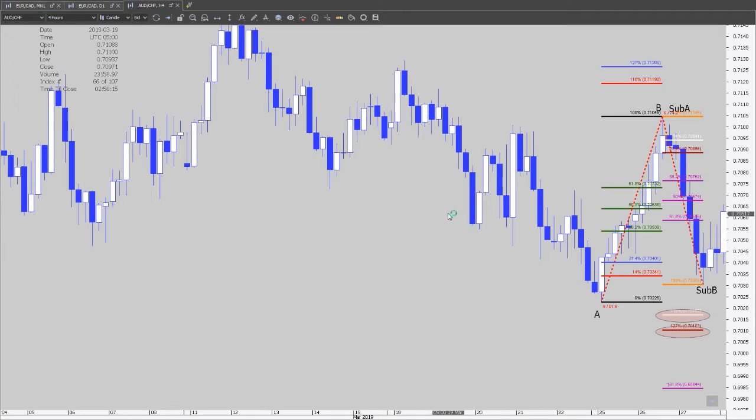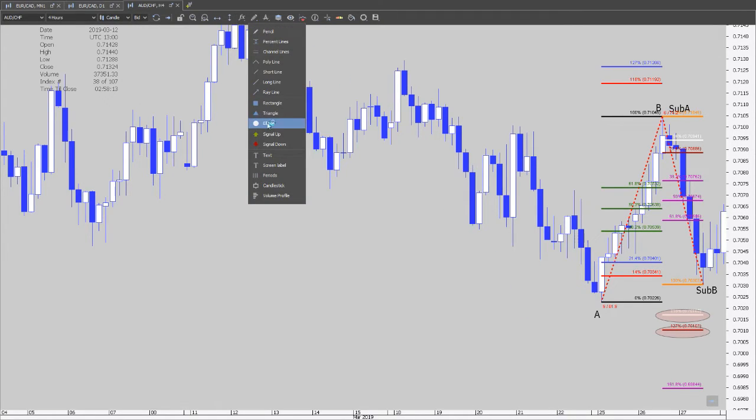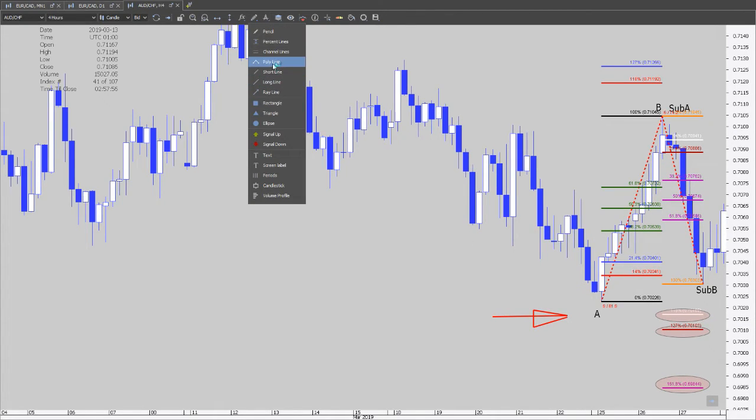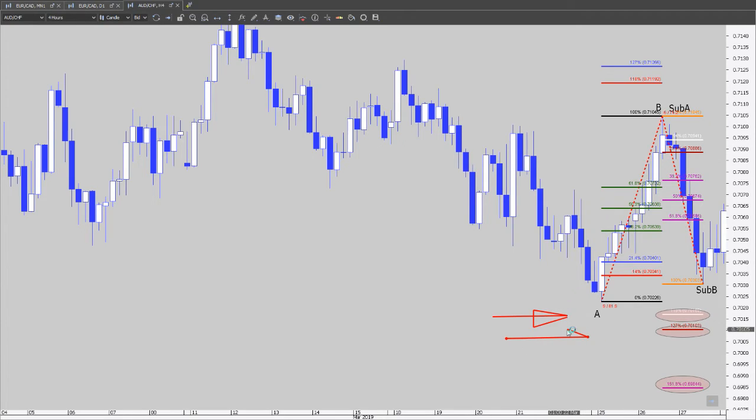So white goes to white, red goes to red, and violet goes to violet, or pink goes to pink. All the three extensions, if you can see, are below the capital A of the original Fibonacci.